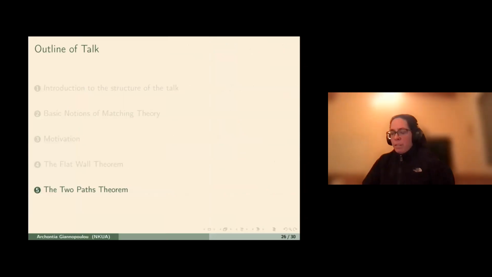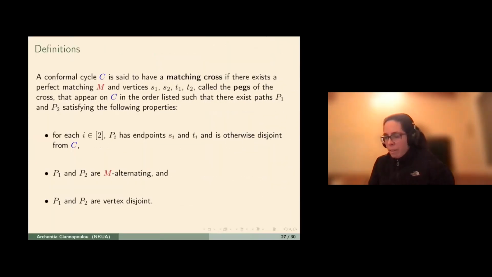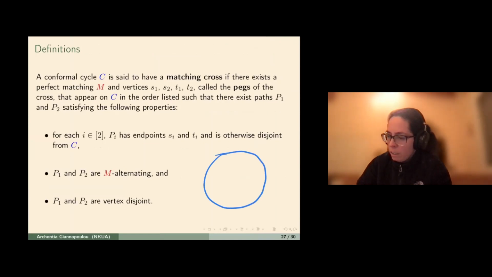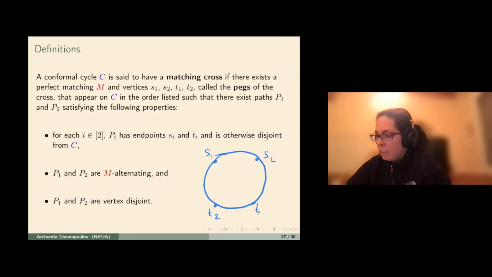So let's discuss paths. Whenever we have a conformal cycle, this cycle has a matching cross. Like whenever we can find four vertices, we've got the cycle, we've got the vertices S1, S2, T1 and T2, and we've got two disjoint paths that are alternating with the matching, which means that we go between edges outside and inside the matching.